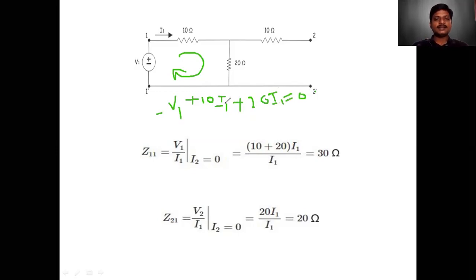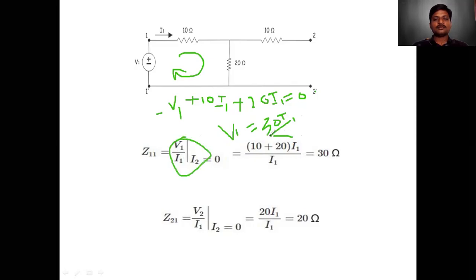When you add these two, 10 I1 and 20 I1, you will get 30 I1. So V1 is equal to 30 into I1. When you want to write Z11, then you have to write V1 by I1.